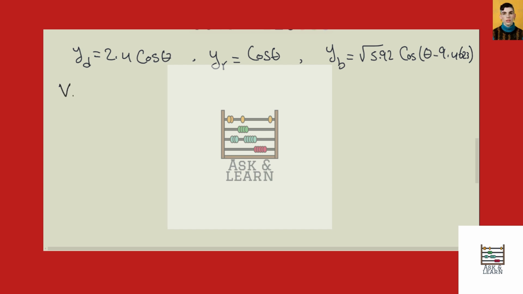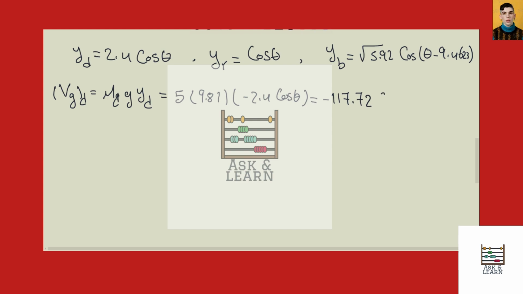So VGD equals MD multiplied by G multiplied by YD. So we have 5 multiplied by 9.81 multiplied by negative 2.4 cosine theta, which is equal to negative 117.72 cosine theta.